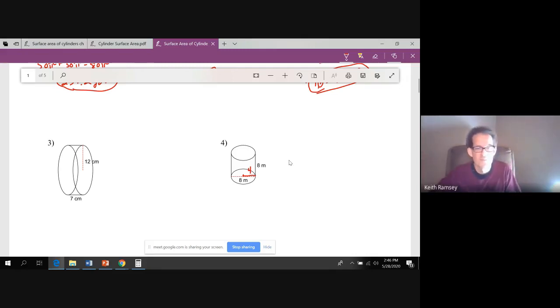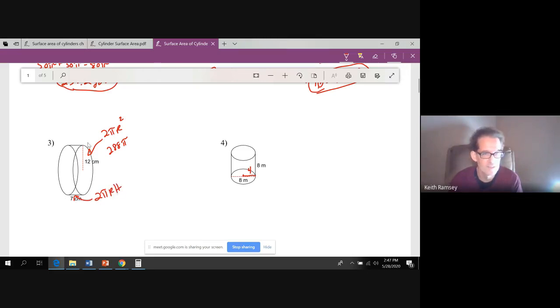Okay, let's try number 3 and 4 together. So for our bases, we have the formula 2 times pi r squared. And if my radius is 12, I know 12 times 12 is 144, times 2 is going to be 288 pi. And for my lateral surface, my formula is 2 times pi times the radius times the height.